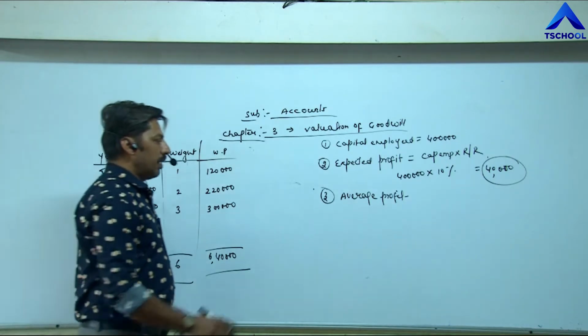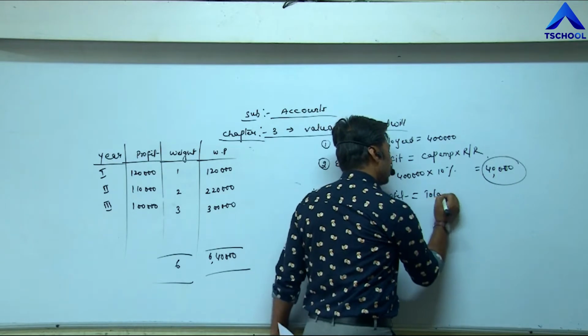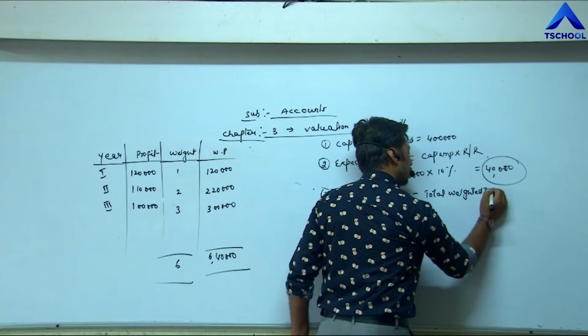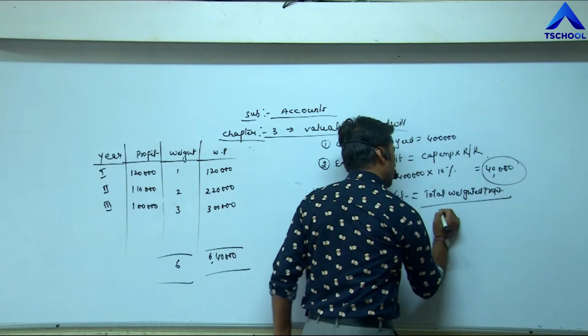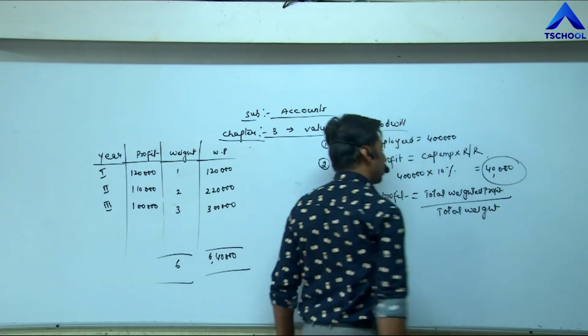Now average profit. Formula is total weighted profit upon total weight.